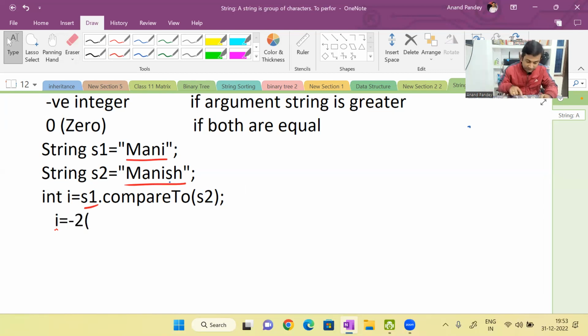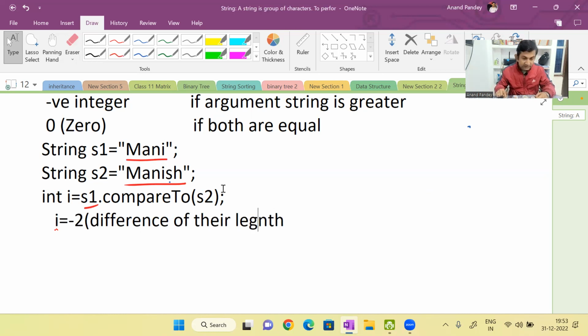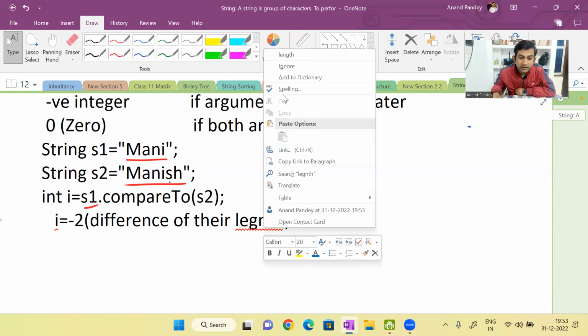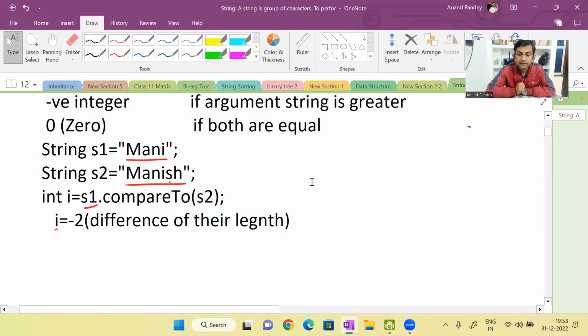Minus 2 means this is the difference of their length. Please keep in mind, this is a special case. When there is no character left to find their difference, then it returns the difference of their length.